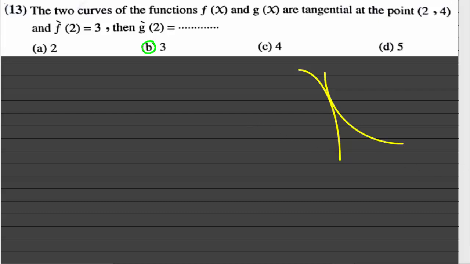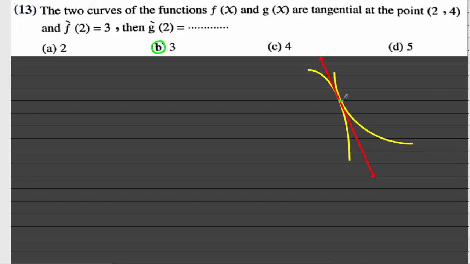The tangent here will be this straight line like this, and we have this point (2, 4). So g dash of 2 is the slope at the point (2, 4).